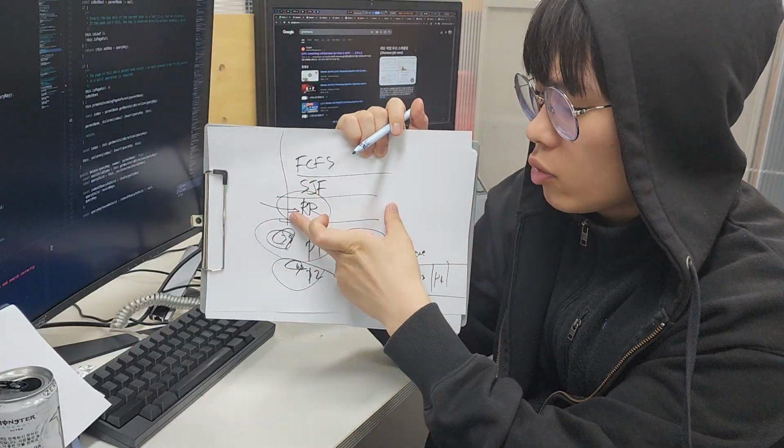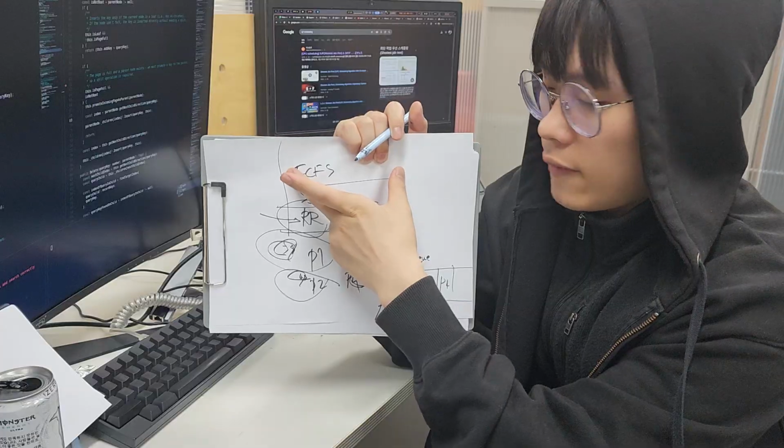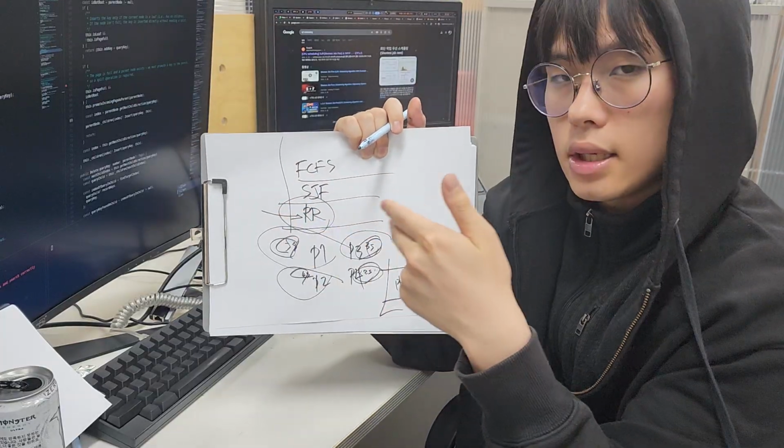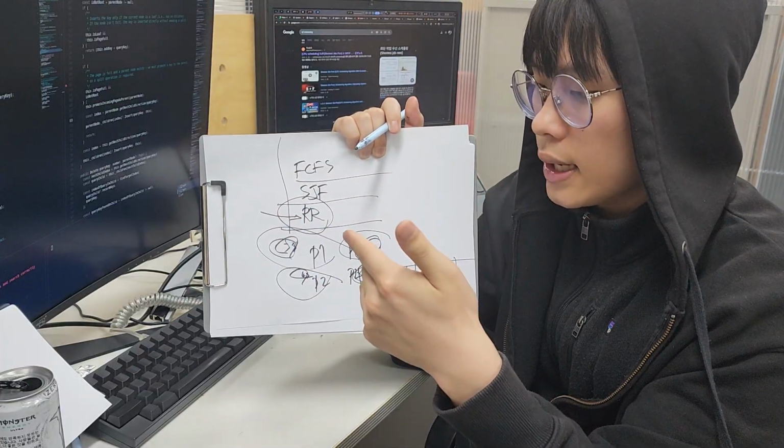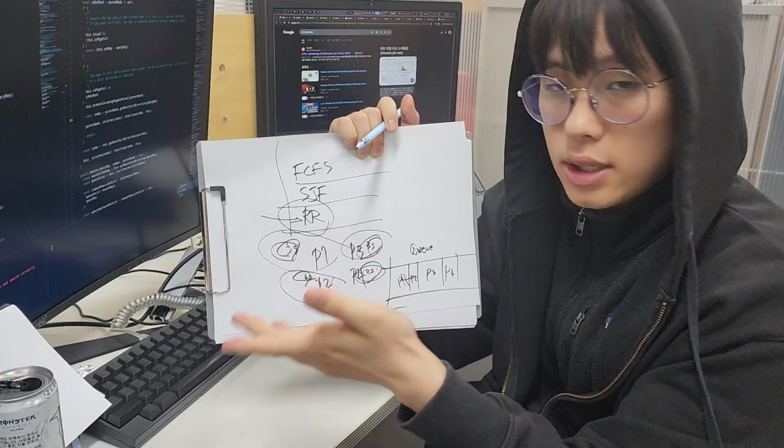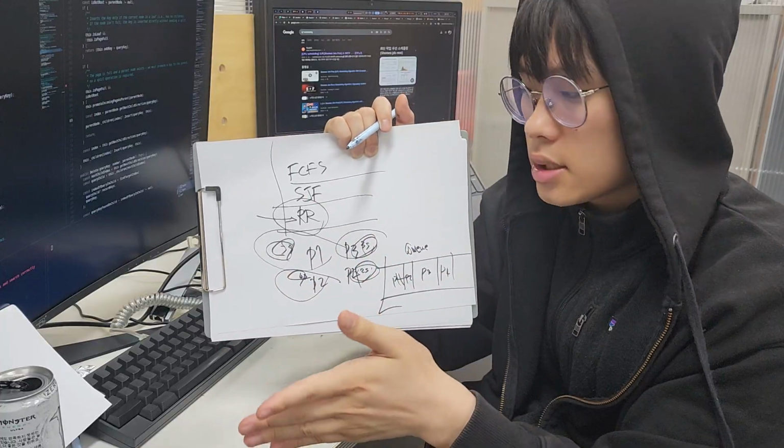But round robin saw this FCFS problem, and what it did, like Solomon the king, is slice it.